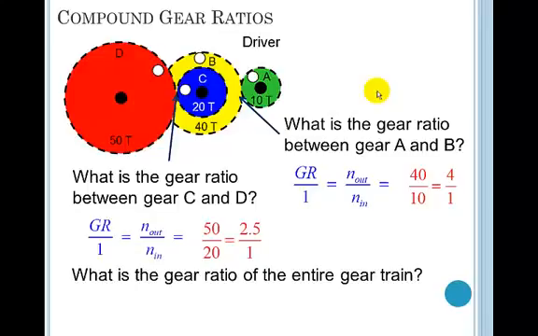So the gear ratio of the entire train is the gear ratio between A and B multiplied by the gear ratio between C and D. 4 times 2.5 is 10. The overall gear ratio of this is 10 to 1. The ideal mechanical advantage of this gear train is 10.